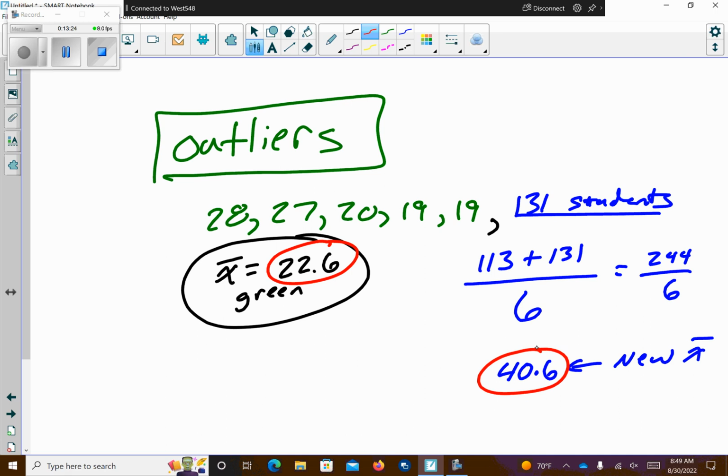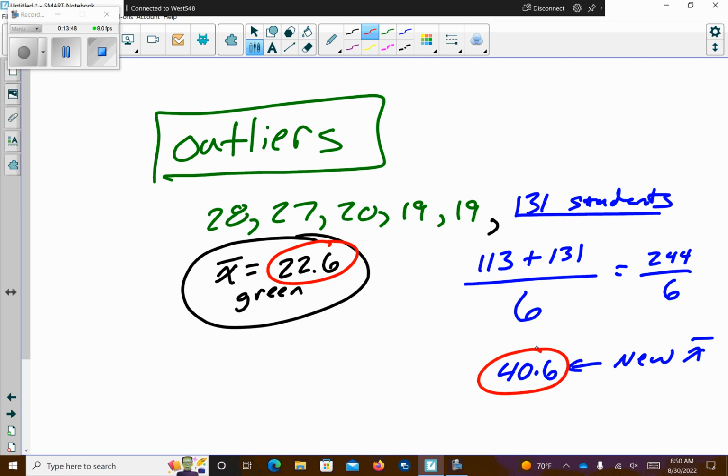No, because there's 5 periods that aren't even close to having 40.6 students in it, right? So that means that the mean or the average, same thing, can get swayed by an outlier. So the 131, I think we can all agree that having 131 students, especially in this classroom, that's a lot of people. Agree?